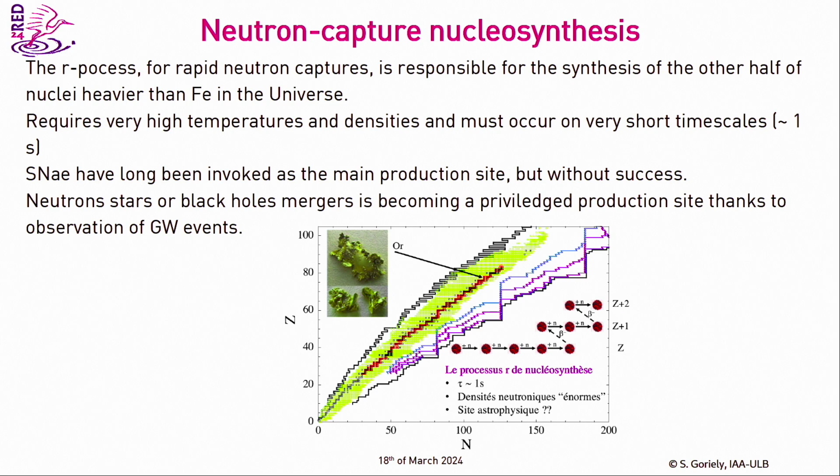And the actual optical counterpart of the event was observed, and light curves were determined. And there we saw lots of R elements. So now we think that these R process elements are formed in the merging of compact dead stars: neutron stars merging, or black hole merging, or black hole and neutron star.